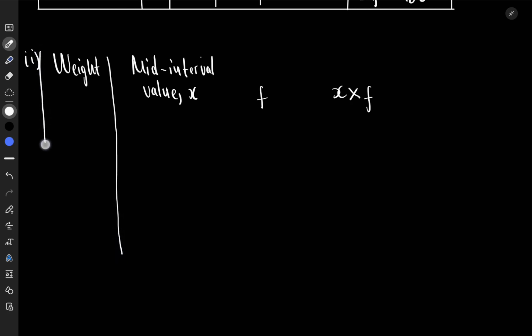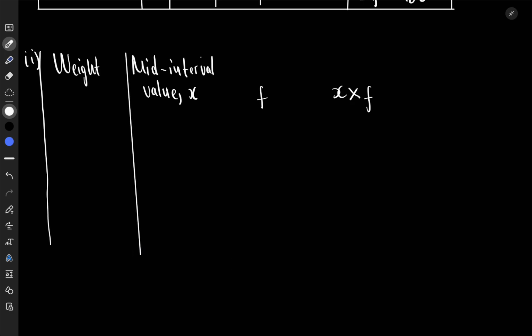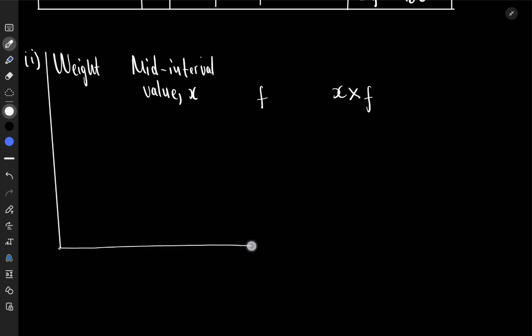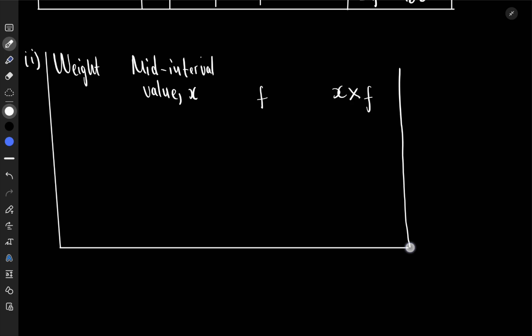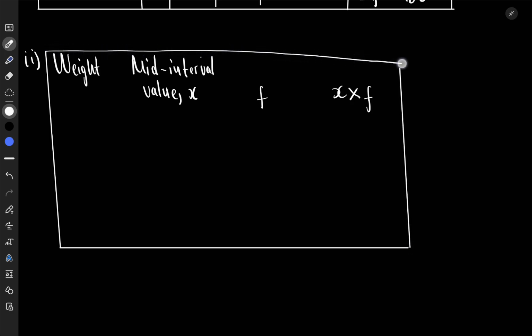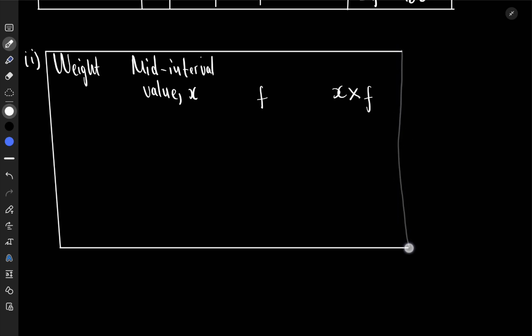So we're going to put our weight here. Of course, we need it to be a big column, and we try to make it as neat as we can. So this would go all the way to here, then we'd put one that comes all the way to this, and we'd have it come down like this.